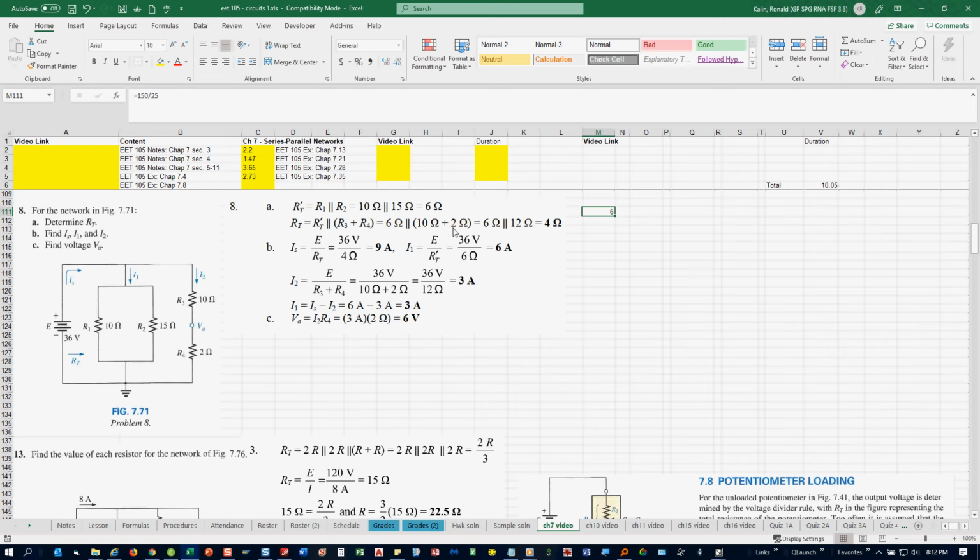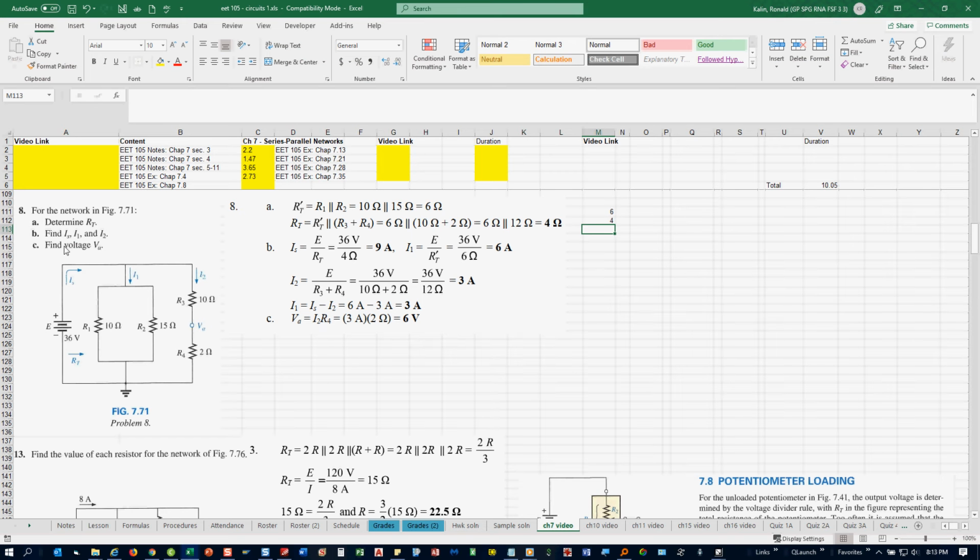So you do the R3 plus R4 first to get that block. It gives you 12. And we figured out that this block in here was 6. So 6 in parallel with 12 again is 72. It's going to be 6 times 12 divided by 6 plus 12, which is 4.